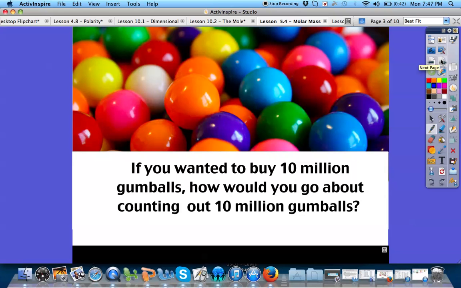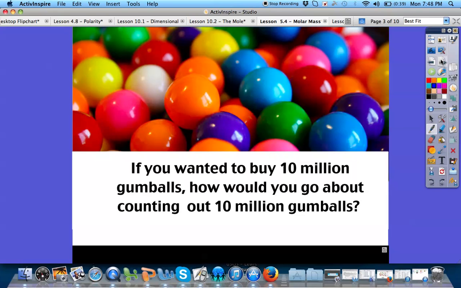So if you wanted to buy 10 million gumballs, how would you go about counting out 10 million gumballs? Would you count them out one by one? Probably not. That would take a really long time. You could group them together, and that would help it go a little bit faster, but you'd still have to count them all.